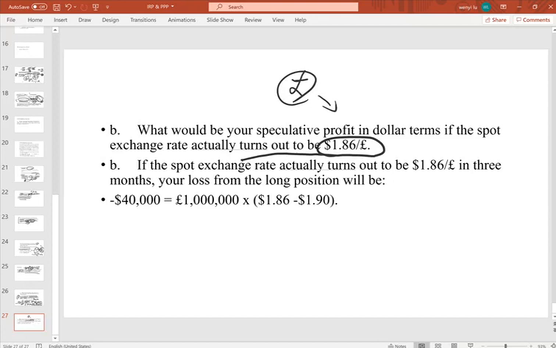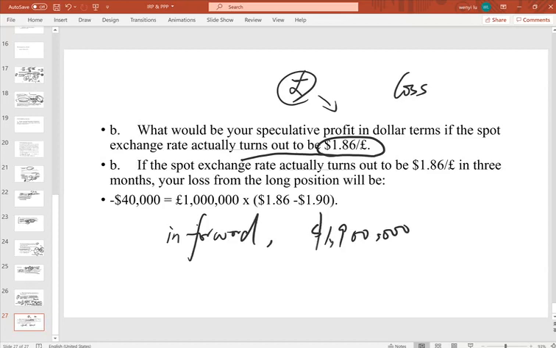Then you will have a loss, because you have a long position, you hold the contract. In a forward contract, you promise to pay $1.9 million to buy 1 million pounds.